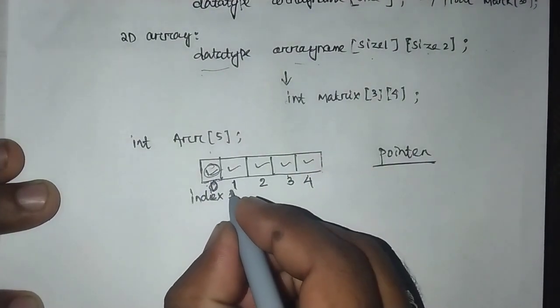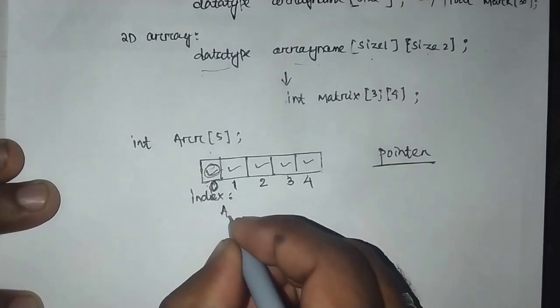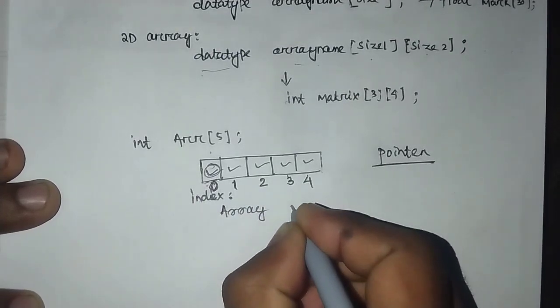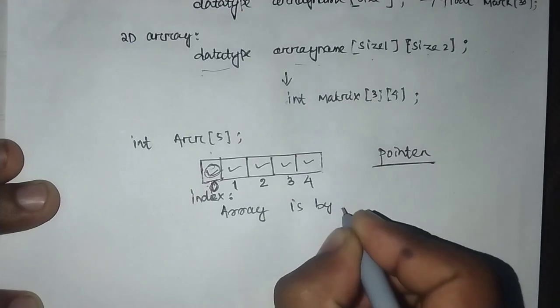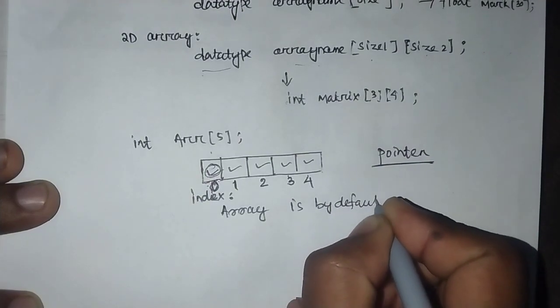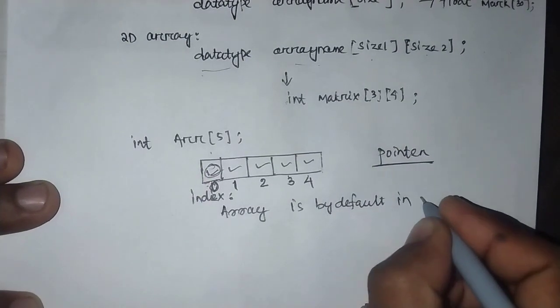The array is by default indexed from 0th index.